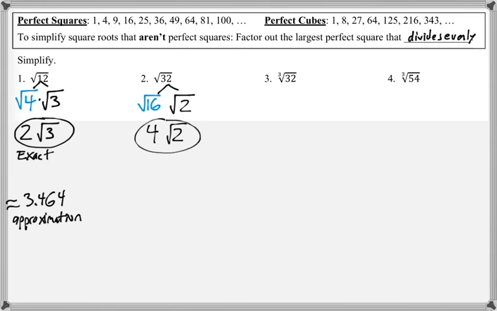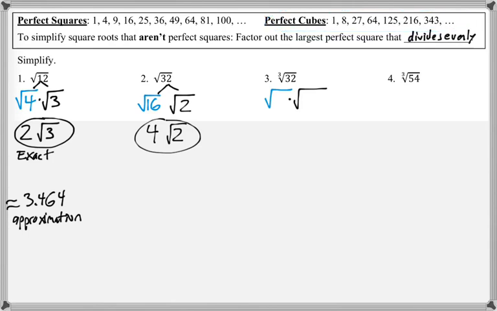We can really apply the same thing for cubes. Only this time I'm looking at my perfect cube list. So what's the largest perfect cube that divides evenly into 32? Again, I don't usually care about 1. 8 does. Does 27?